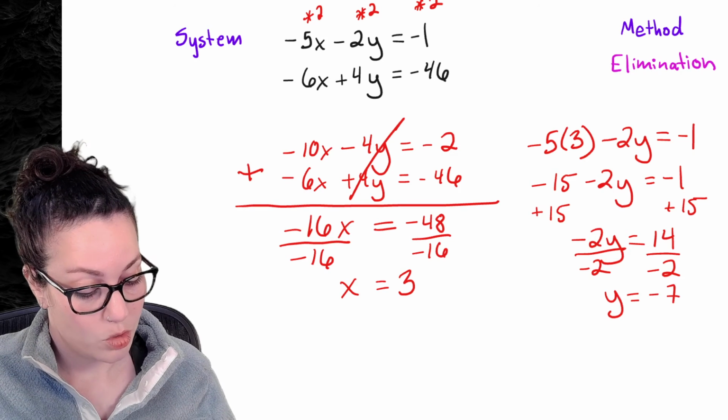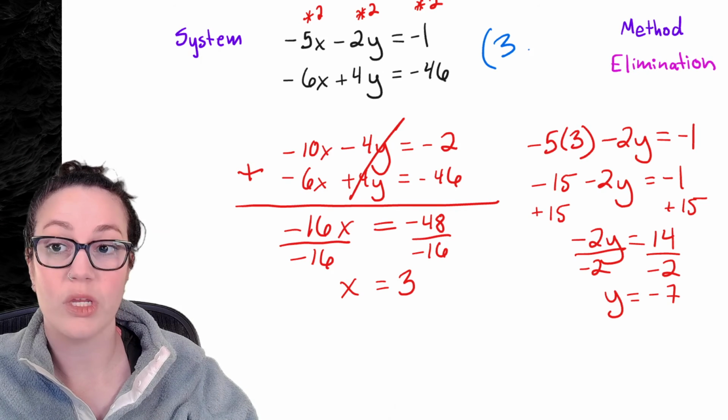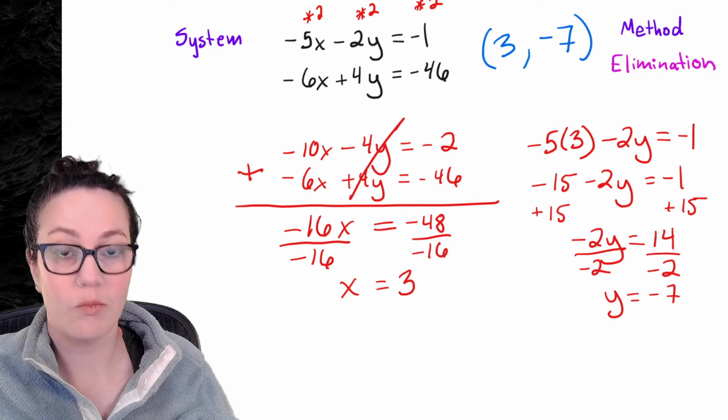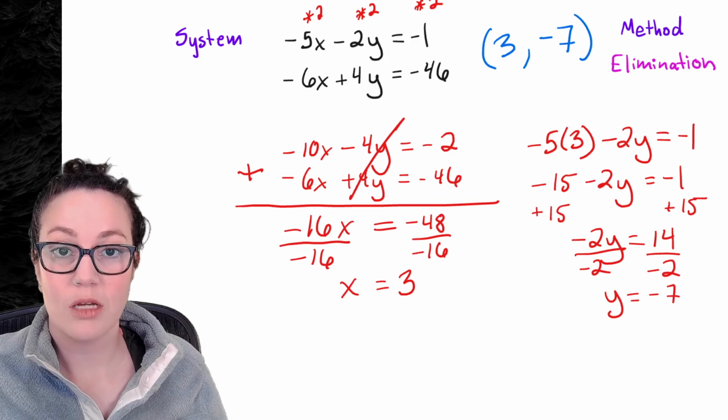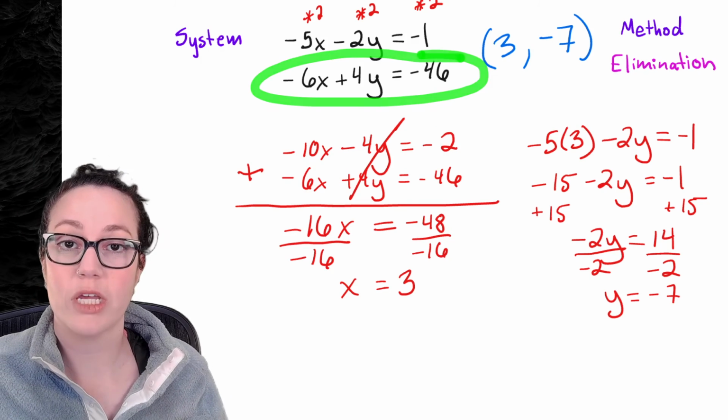Okay, so now we're pretty sure our solution is at 3, negative 7, right? X then y. But to check it, I'm going to plug those values in to this equation just to make sure I get a true statement.